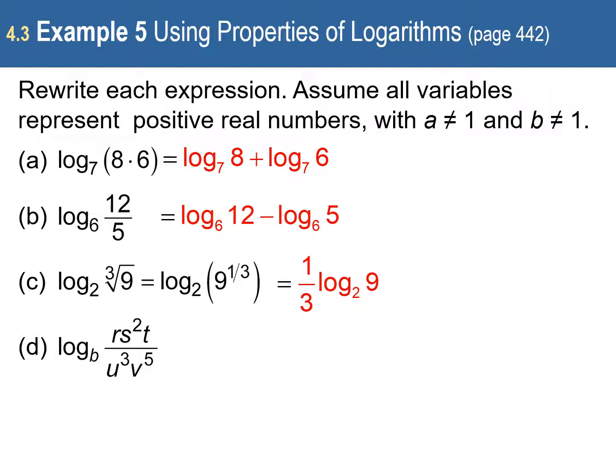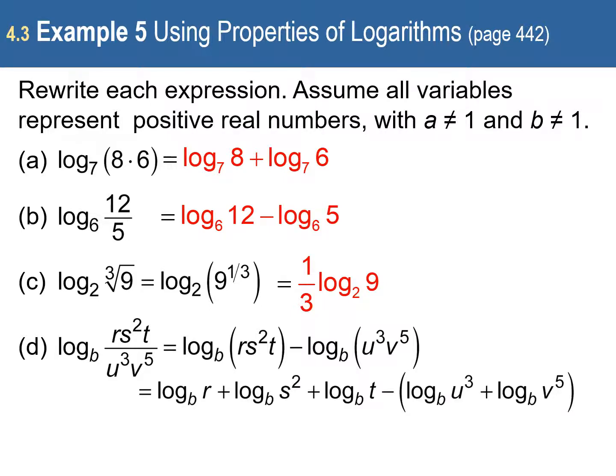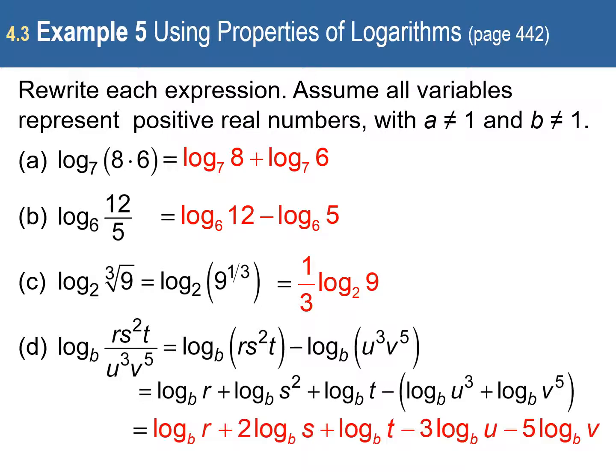Now log base b of r s squared t divided by u cubed v to the 5th, we're going to use the division rule first, and then we're going to use the product rule, distribute our negative.